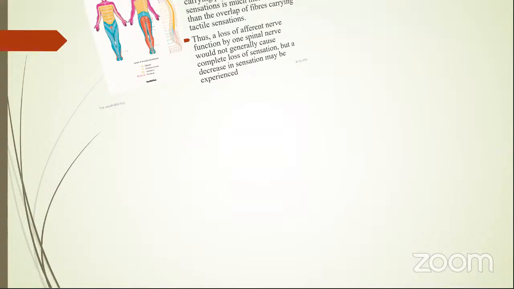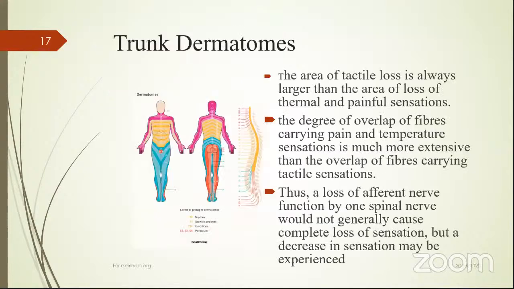Again, trunk dermatomes. What they say is tactile loss is larger than the loss of thermal. So they say the dermatome to detect the tactile sensation is larger than for the sensation of pain or temperature.